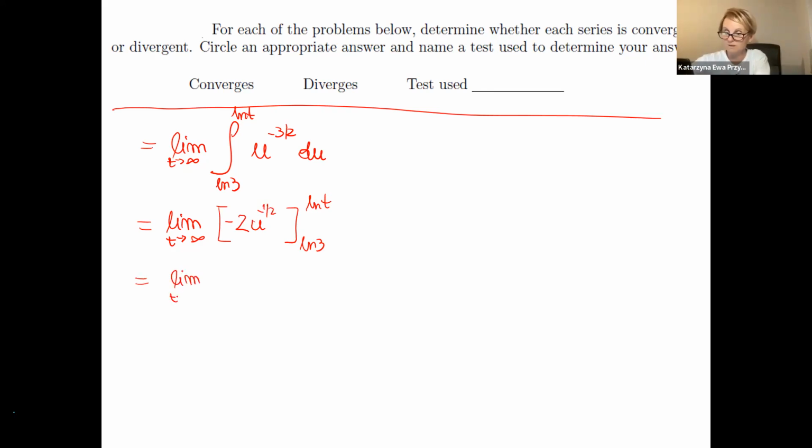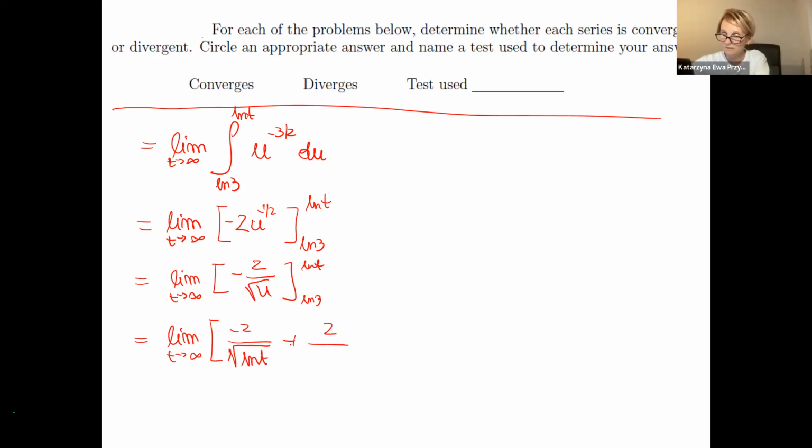Let's evaluate this limit. Is this a finite number? Negative 2 over square root of u. Okay, the limit: negative 2 over square root of ln of t minus negative 2, I can put plus because we're subtracting, over square root of ln of 3.